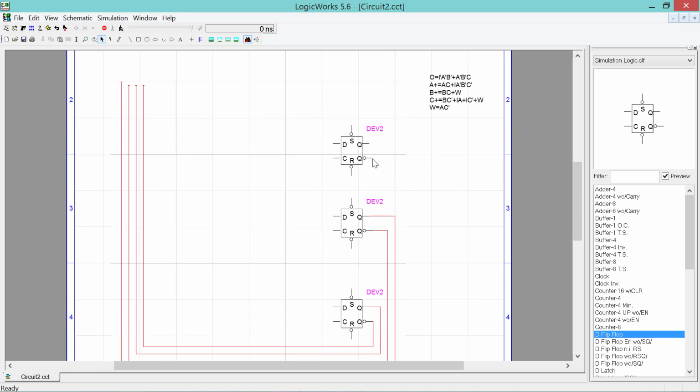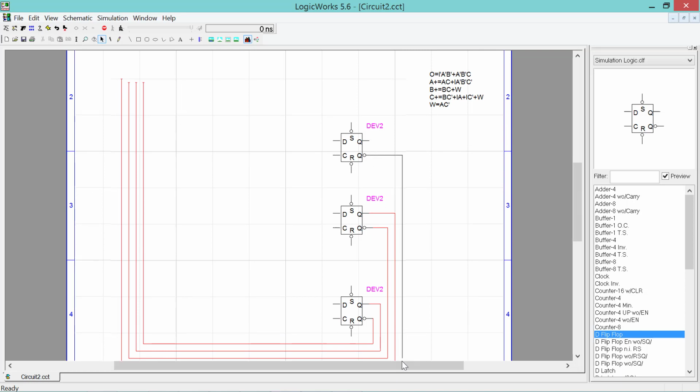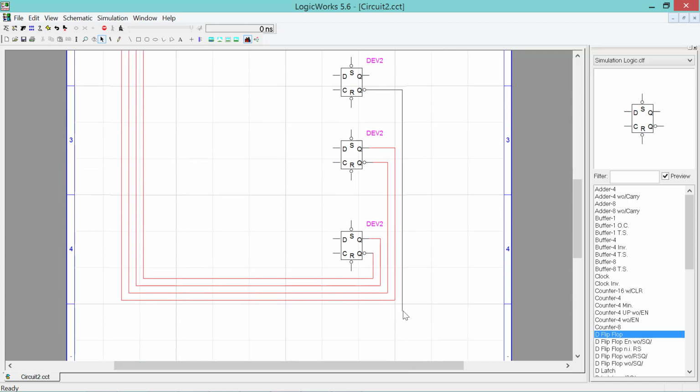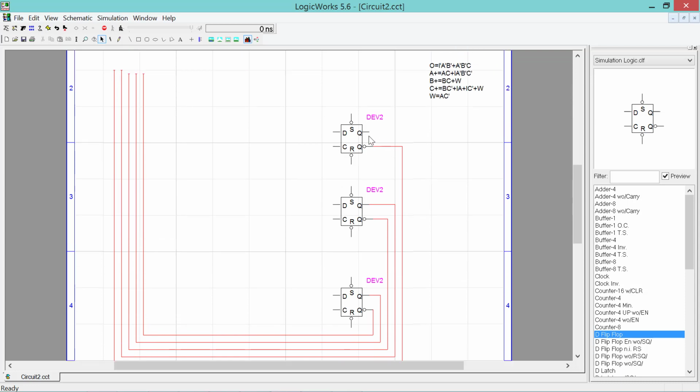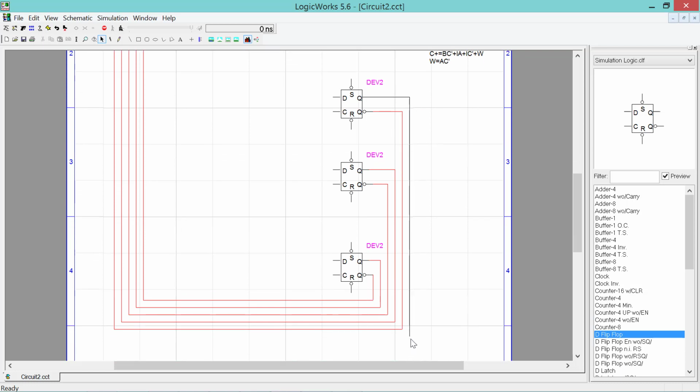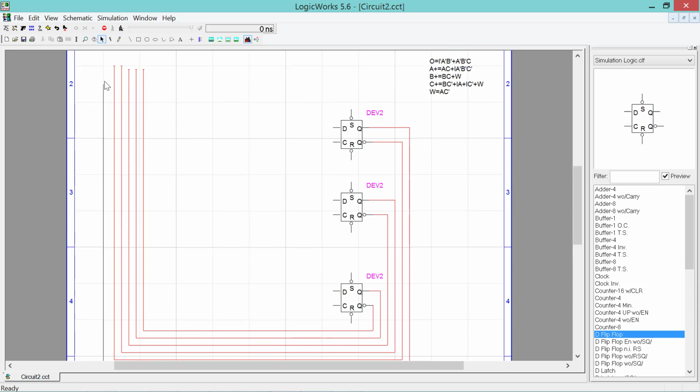And now we can bring over A prime. And once we bring over A prime, we can now bring over A. This gives us our three feedback signals and their inversions.